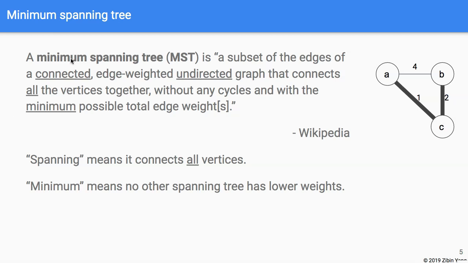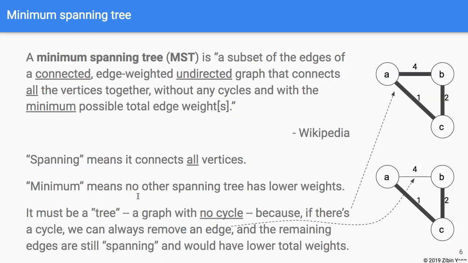And finally, a minimum spanning tree is a tree. It's not a minimum spanning graph, right? The main difference between a tree and a graph is that a tree is a graph that has no cycles.